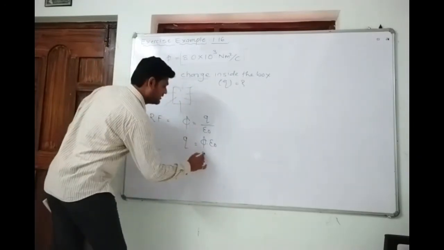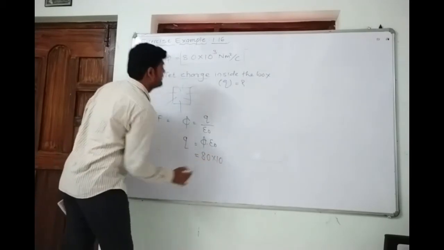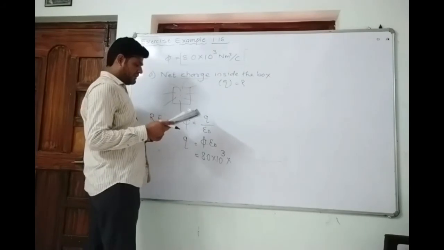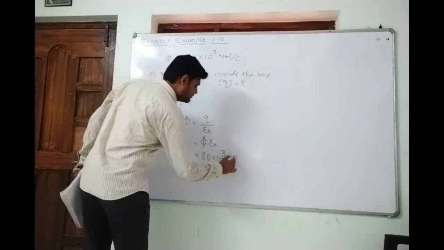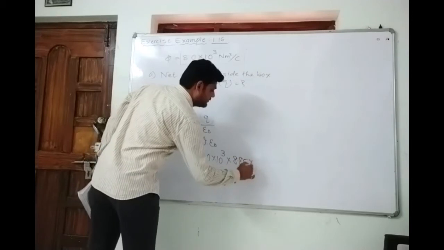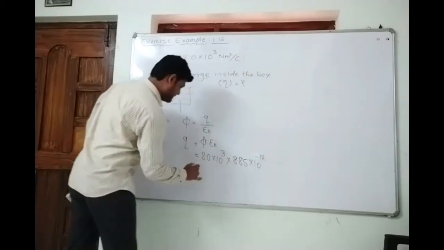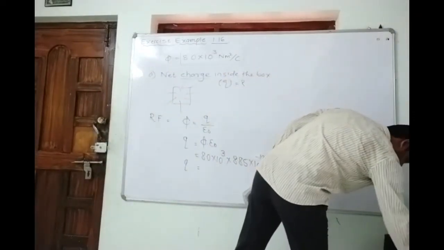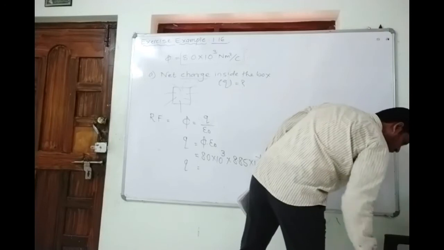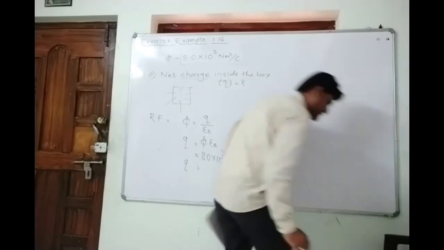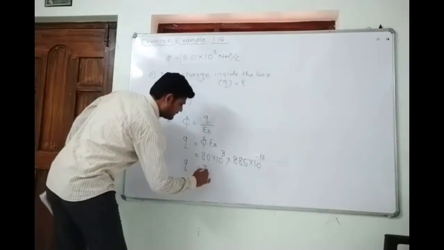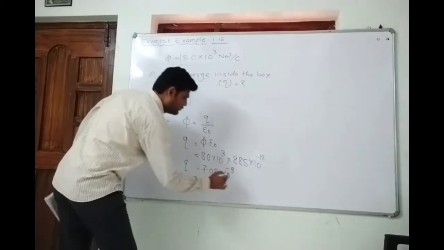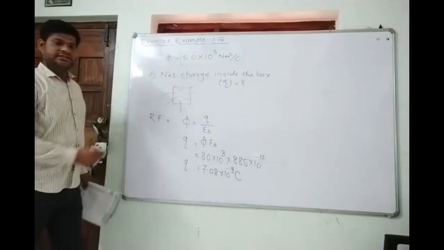Flux equals 8.0 times 10 to the power 3, and epsilon 0 equals 8.85 times 10 to the power minus 12. By solving this you will get the answer, and that is near about 7.08 times 10 to the power minus 9 coulomb. Correct? This is your answer.